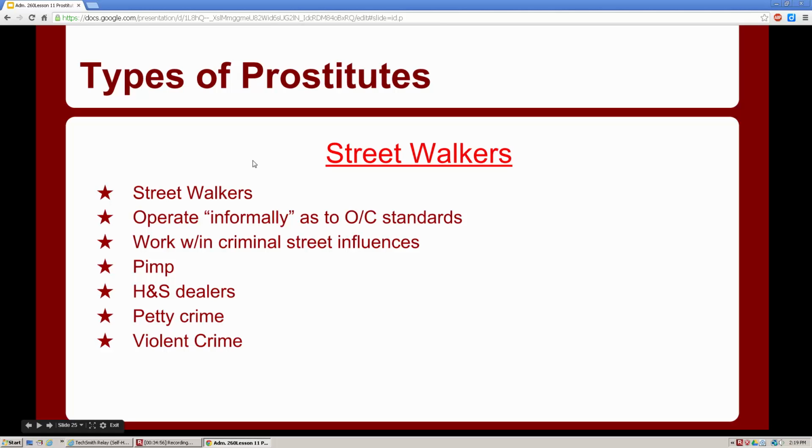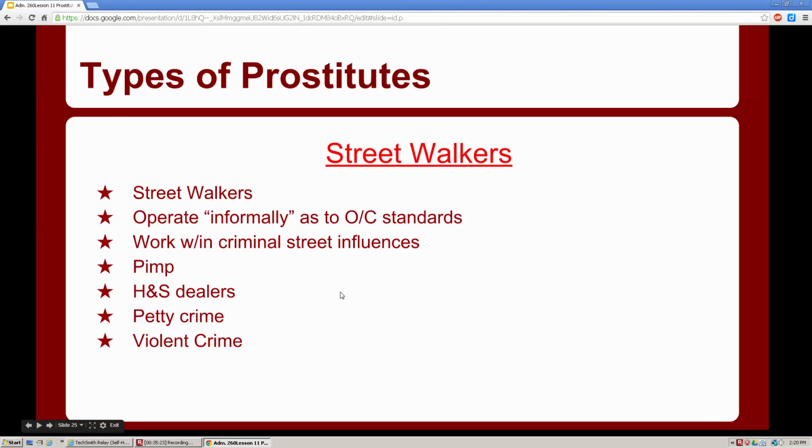But the most basic type of prostitute is a streetwalker. They operate informally as to what our organized crime standards are. It's at the lowest rung of the scale. It's not like massage parlors or some other establishment that women work out of, or some of your escort agencies. They work within criminal street influences. A lot of times they'll have a pimp. The pimps are also drug dealers.